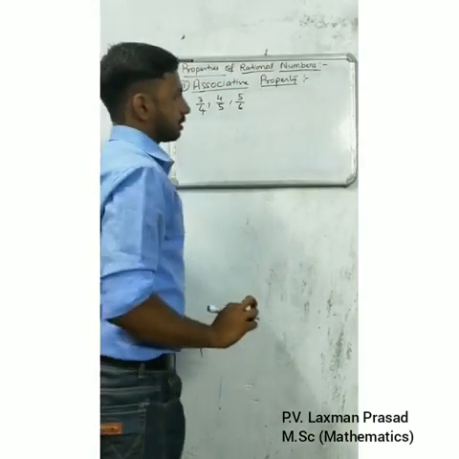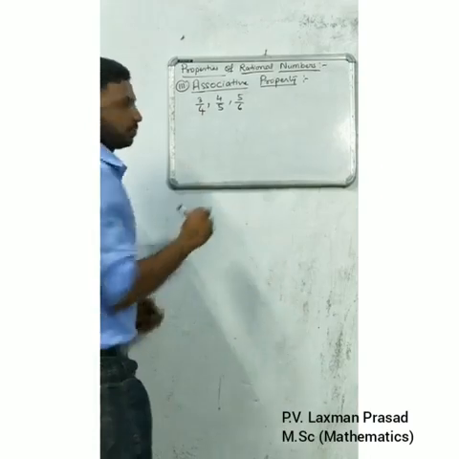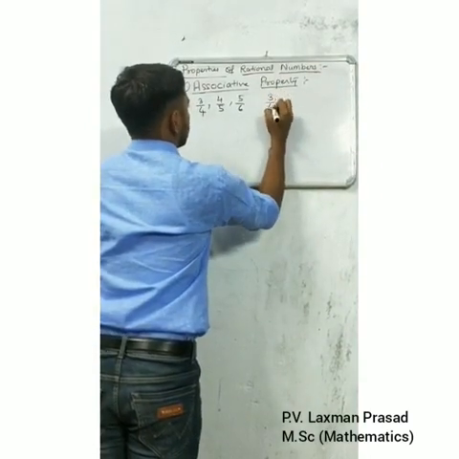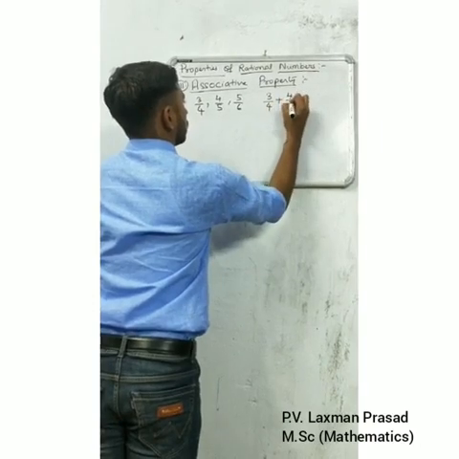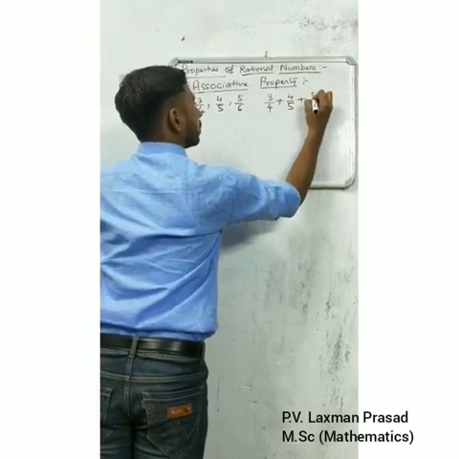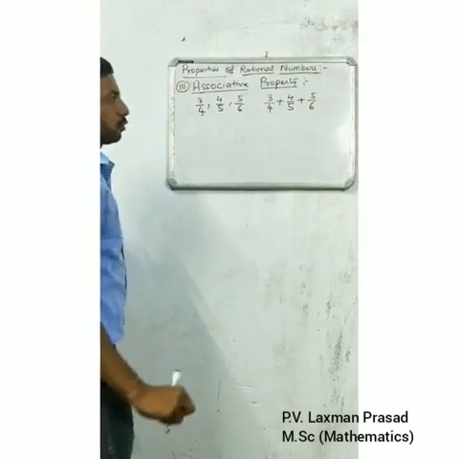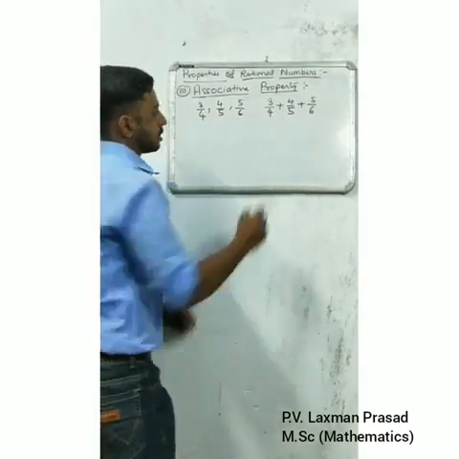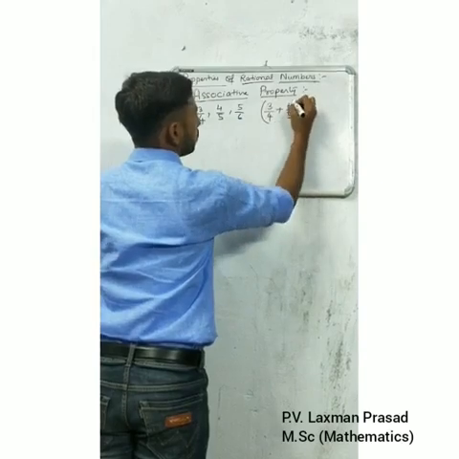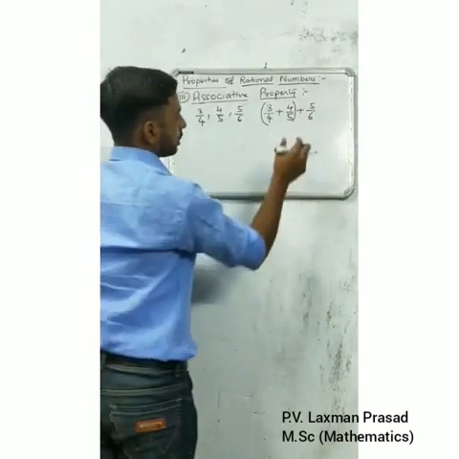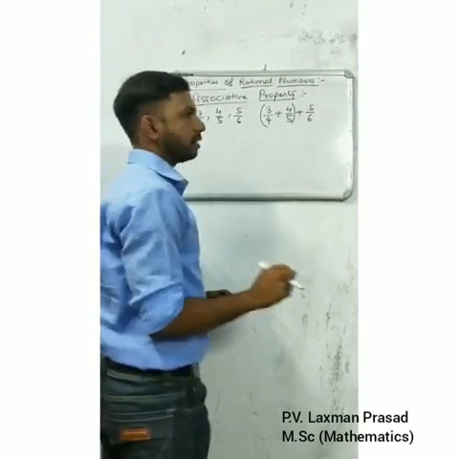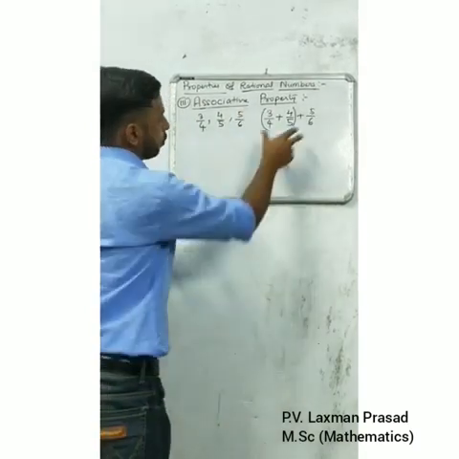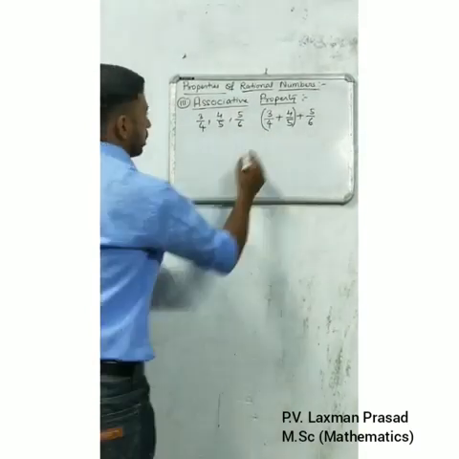We have to find the sum of the three in order to verify this result. 3 by 4 plus 4 by 5 plus 5 by 6. But we will find the sum in two cases. First, I will place a bracket here, and in the other case I will place a bracket here. And for the associative property to be verified, both the results must match.